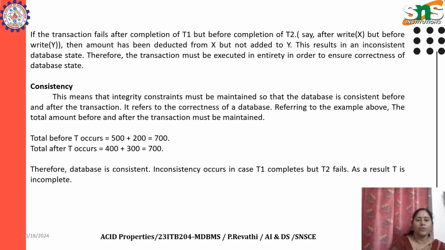Total amount before T occurs: 500 plus 200 equal to 700. Total after T occurs: 400 plus 300 is equal to 700. So the database is in a consistent state. Inconsistency occurs if T1 completes but T2 fails, as a result T is incomplete.